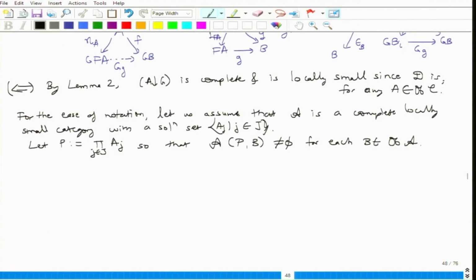So we are asking for that, but we are asking for a set which we can combine into one single object. So let's start with that. Okay. So what do we need to show? It's a very beautiful piece of proof. We need to show that A has an initial object.